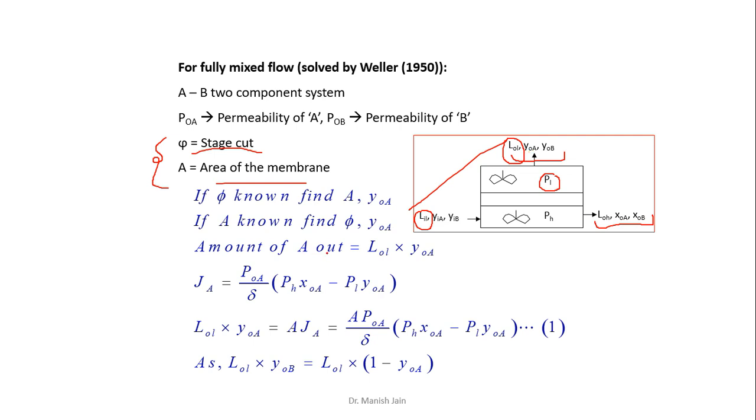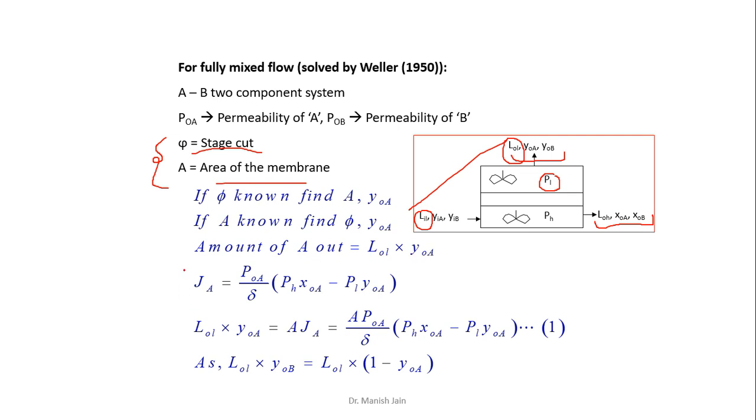So the flow rate multiplied by the mass fraction or mole fraction equals the total amount of that species. So the amount of A that comes out equals LOL multiplied by YOA.